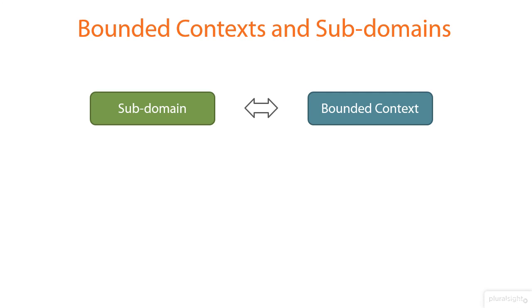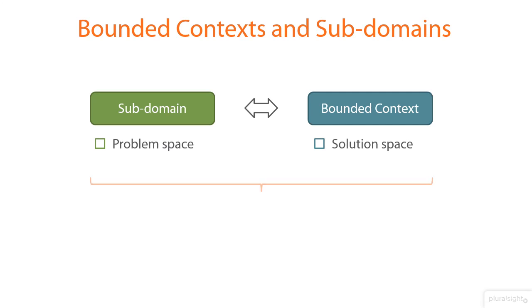The solution is the actual artifact of our efforts of trying to solve the problem. So, the difference between the two concepts is that a subdomain belongs to the problem space, whereas a bounded context belongs to the solution space. In other words, a subdomain is a part of the whole problem, a part of the problem domain. A bounded context at the same time is a part of the solution for that problem.